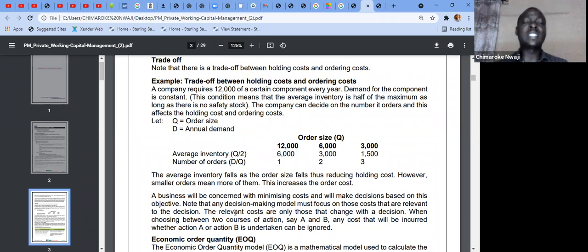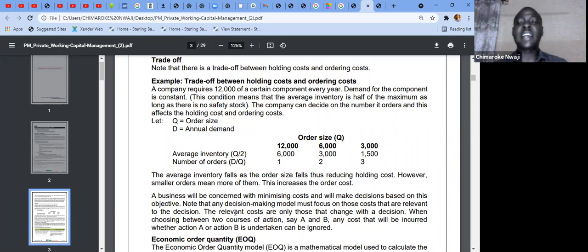If we decide that we are going to be ordering 12,000 units each order, then it means that your average inventory is going to be 6,000 units. And that means for the year, you are going to make just one order because your annual demand is 12,000. So you're going to make just one order for the whole year.